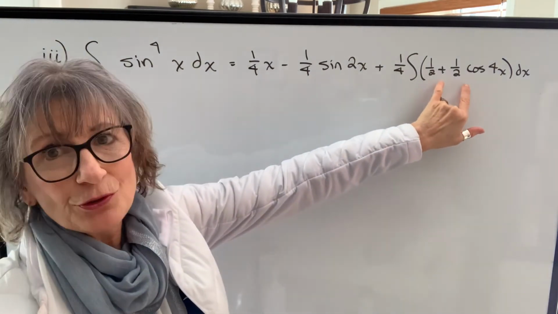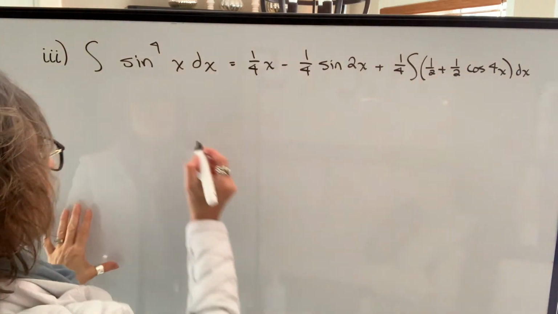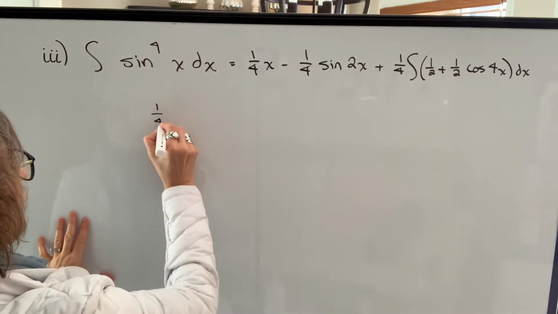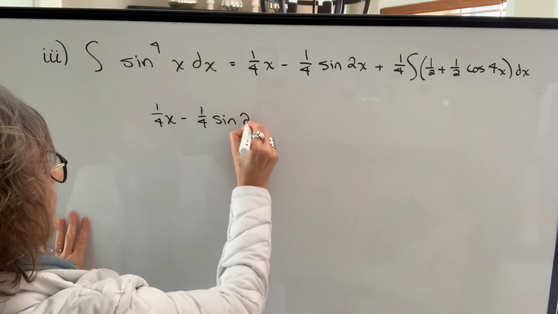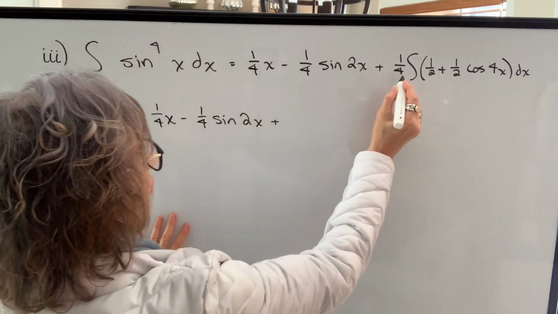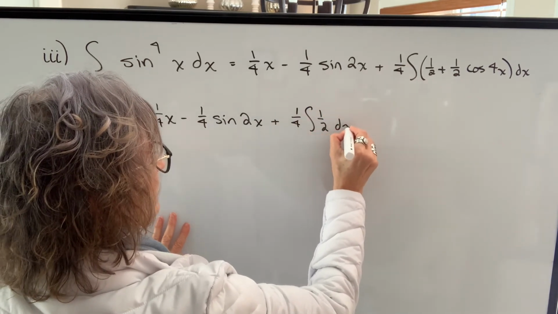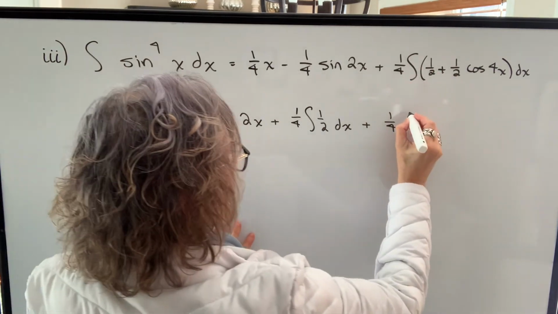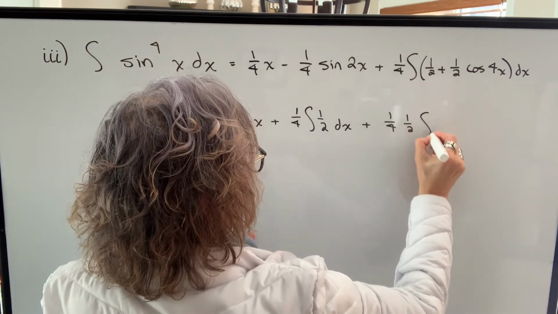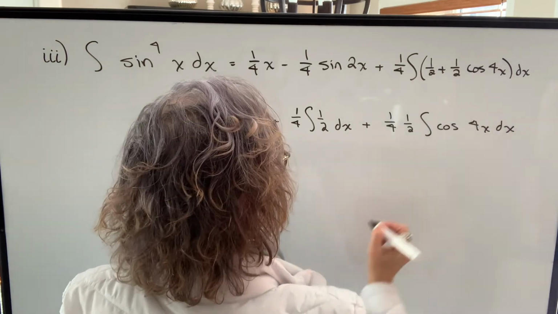Now we have to integrate this. So I'm going to break this integral up into the 2 terms as well. So this will be equal to 1/4 x minus 1/4 sine 2x plus 1/4 times the integral of 1/2 dx plus 1/4, I can bring that 1/2 out if I want, times cos of 4x dx.